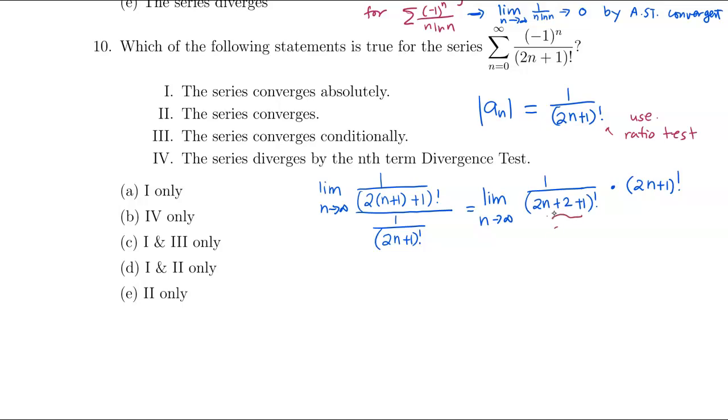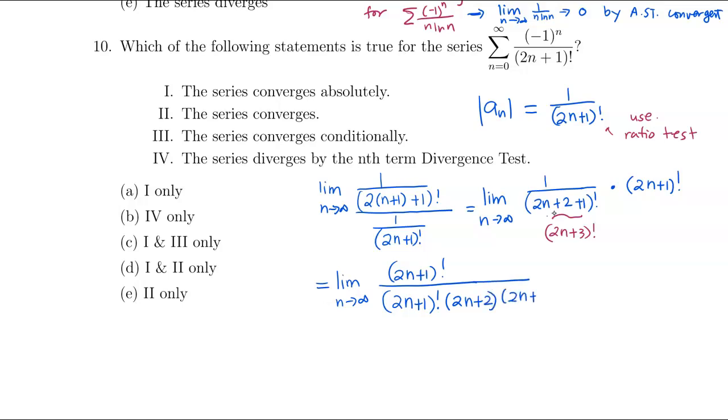So this is actually (2n plus 3) factorial. Then let's expand that. So you have limit n approaches infinity of (2n plus 1) factorial divided by 2n plus 1, so starting at 1 factorial. Then the remaining terms will be 2n plus 2, so you keep on adding 1, so 2n plus 3. That's the definition. Then that cancels out.